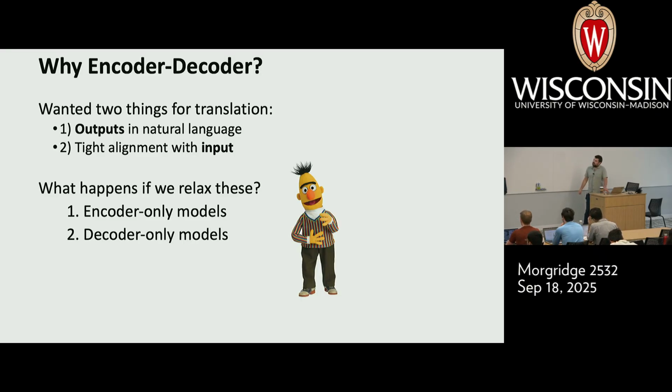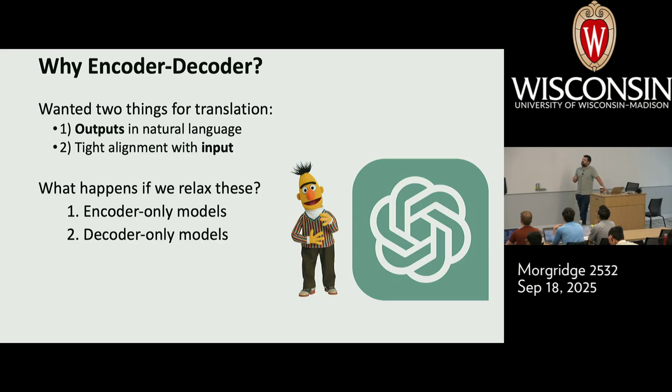The other possibility is getting rid of the encoders in the first place, doing a decoder-only model. And we'll see that if we do that, sure, we're not going to be able to do translation. It'll turn out, actually, yes, we can. We'll be able to build generative models. So this will take us into things like all the GPT family of models. So these are our 2 different paths.